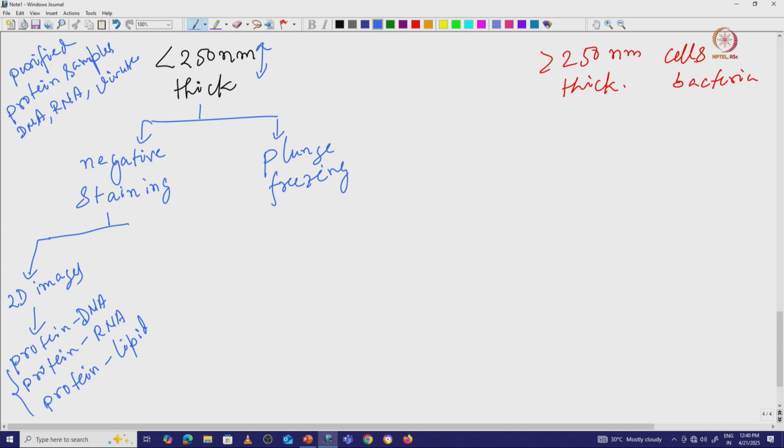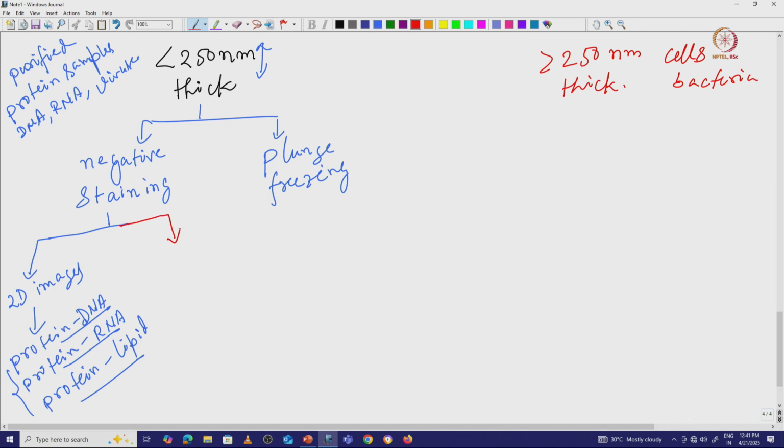Then we can say that I can see very clearly DNA-protein interaction, RNA-protein interaction, or lipid-protein interaction images. I will show you all these examples at a later stage, next class, when we discuss good images and bad images.